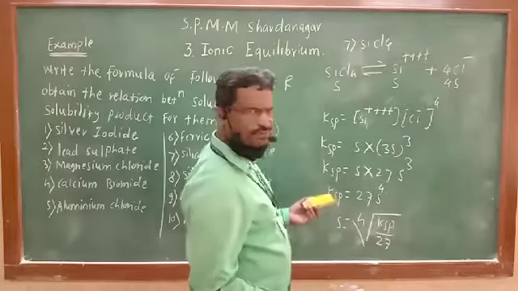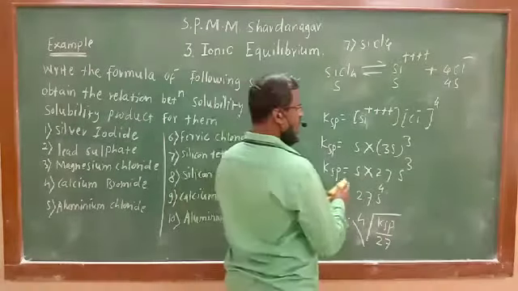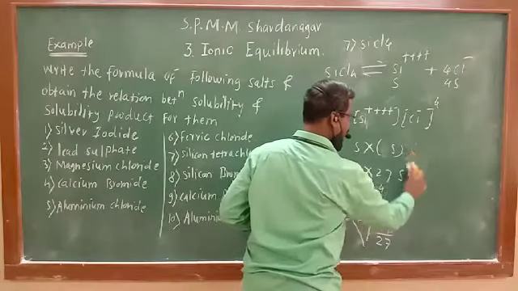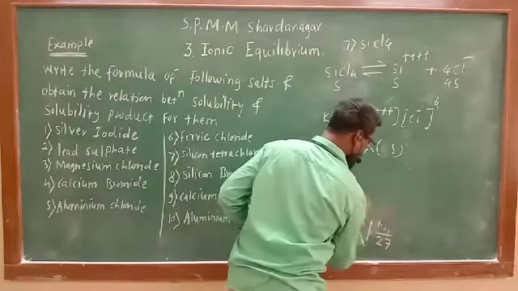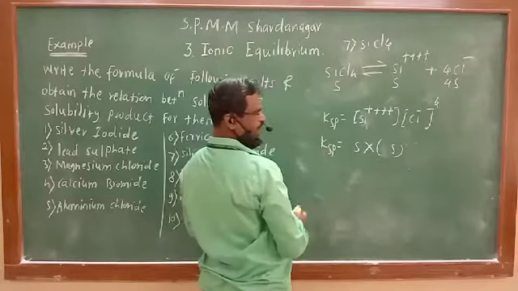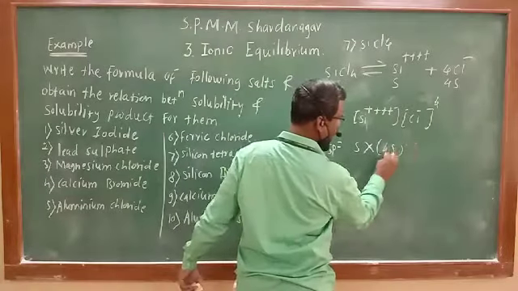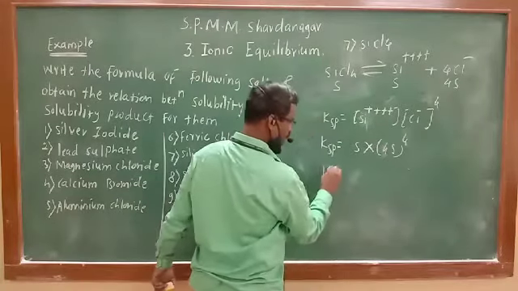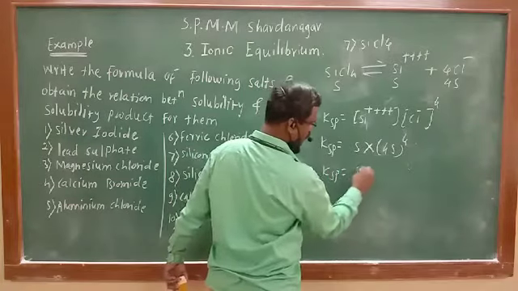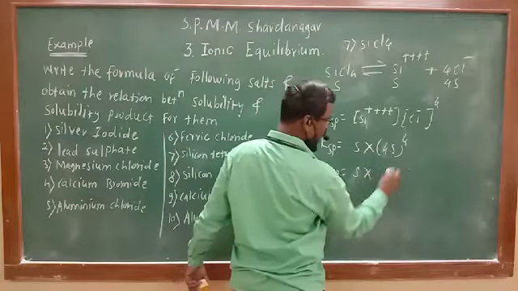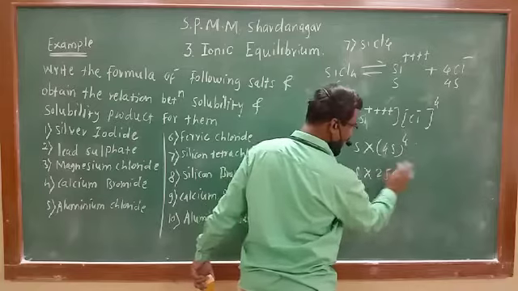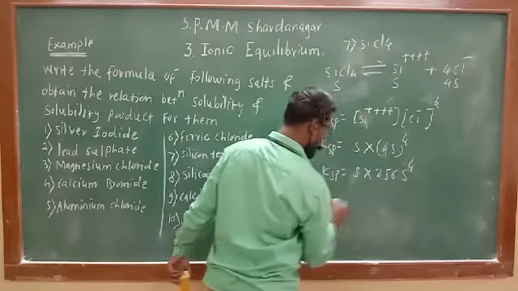And substitute the values. Very simple now. Just solve it. That's all. s into 4s raised to 4. So Ksp will be equal to s into 4 raised to 4, 256, s raised to 4.